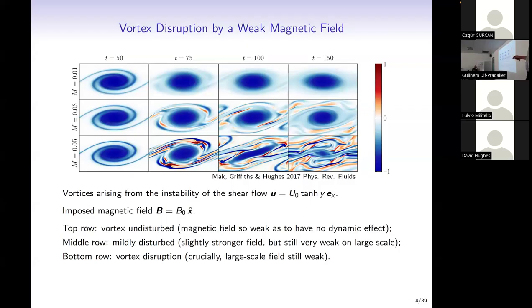Now, the magnetic field there is still extremely weak, in a way that I will quantify later. But for reasons which this whole talk is about, it leads to disruption and even almost destruction of the vortex. So that, looking ahead, is kind of what we're trying to explain: the significant effect of ostensibly very weak magnetic fields on vortex coherence.